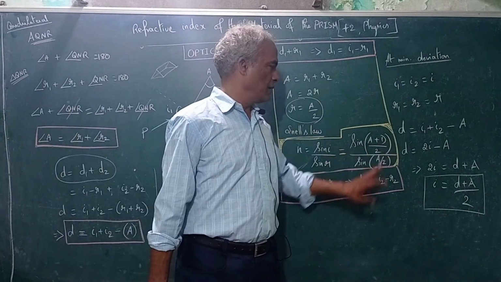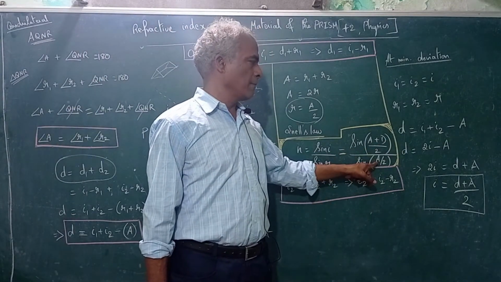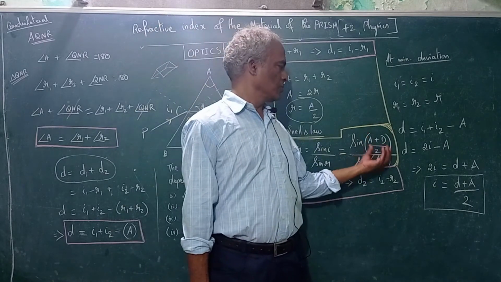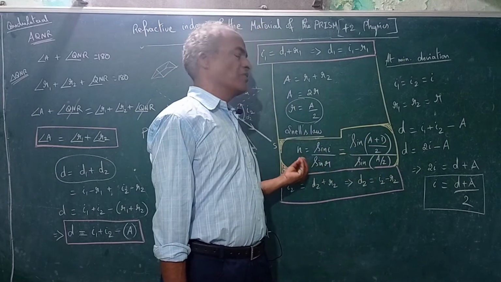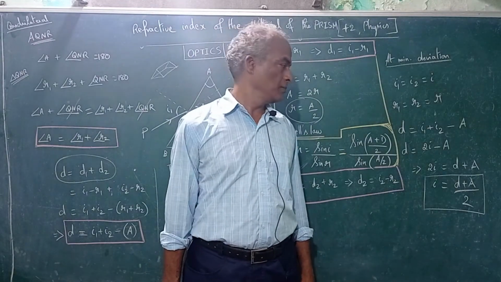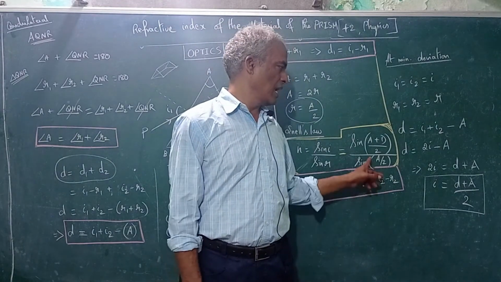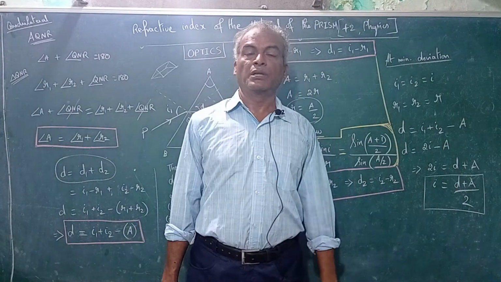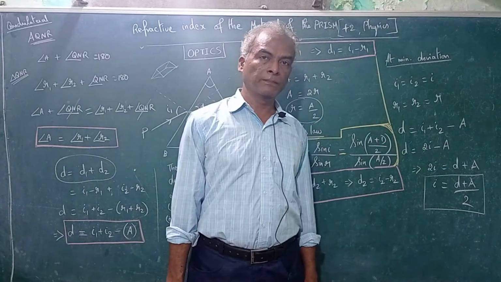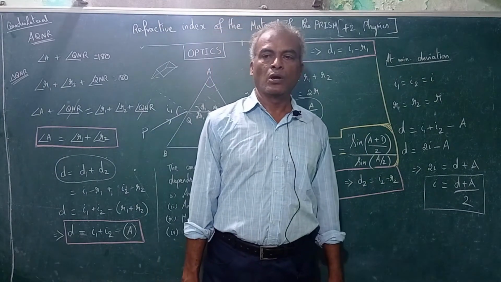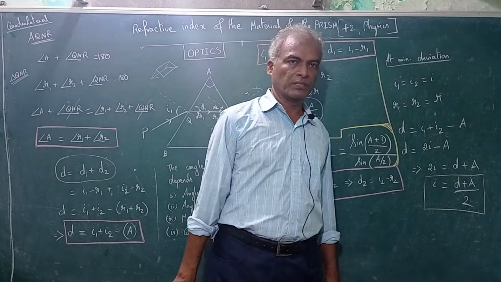Then D and once again A. So you substitute these values, then you can find the value of N. That will be the refractive index of the material. So if you know angle A and the total deviation angle of the prism, then we can always find the refractive index of the material used in the prism.